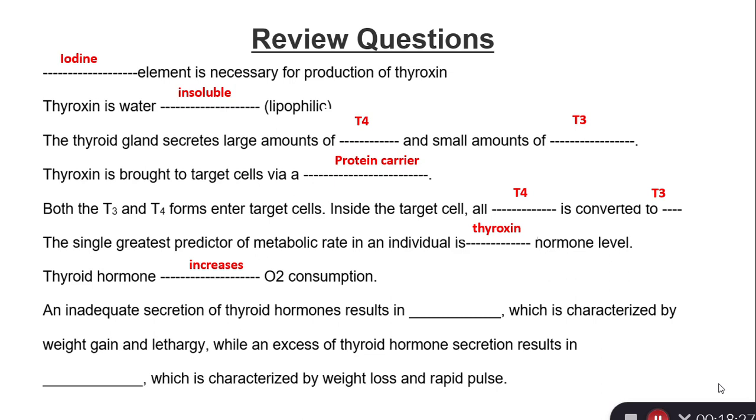And inadequate secretion of thyroid hormones results in hypothyroidism, and in hypothyroidism there is weight gain, fatigue, and on the other hand, if there is excess thyroid hormone production, then this is hyperthyroidism, and here we have weight loss, hyperactivity, increased heart rate, and increased respiratory rate.